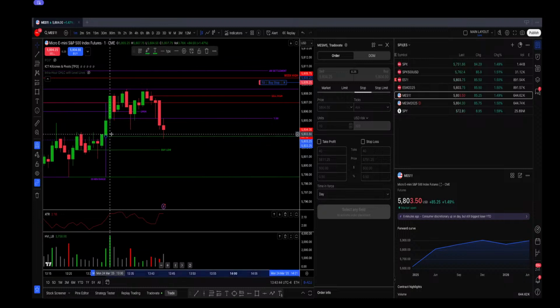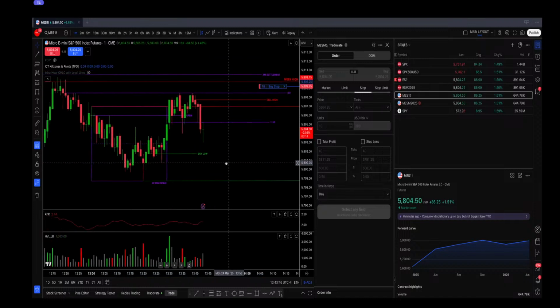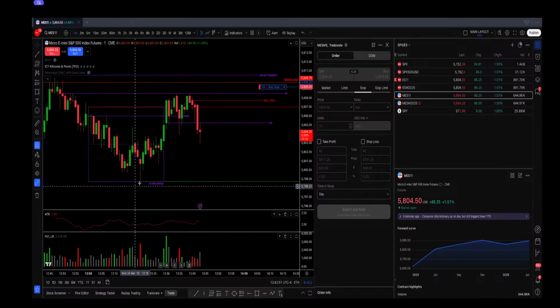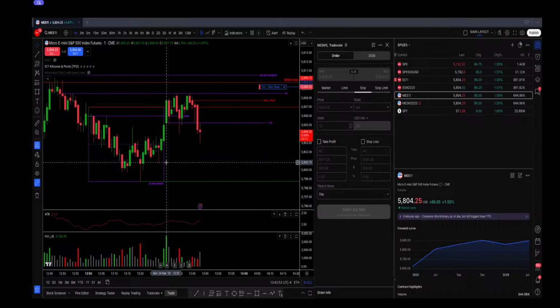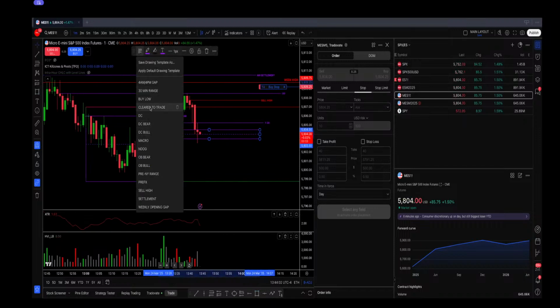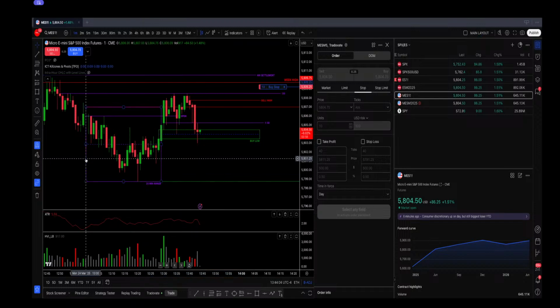There goes this low. I don't expect them to hold that low. I need them to hold this low, if anything. It's really just that fair value gap here. I can't really put anything else down there but that.